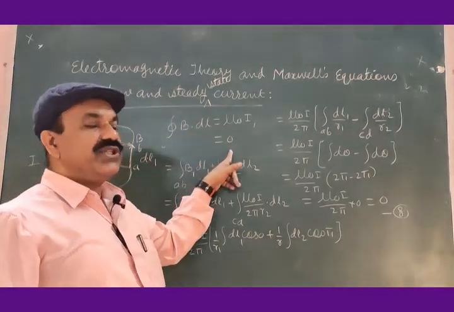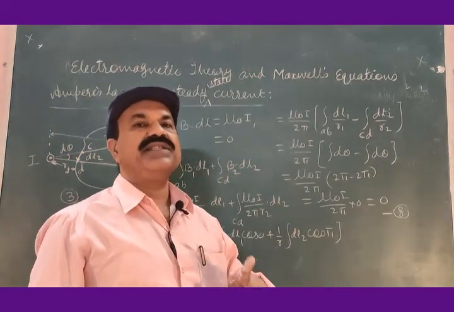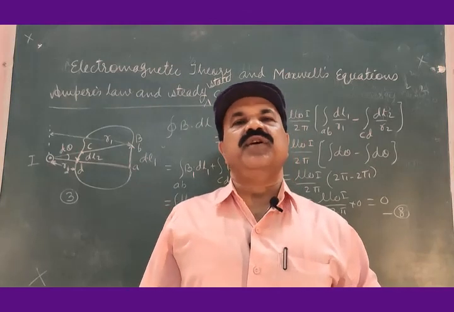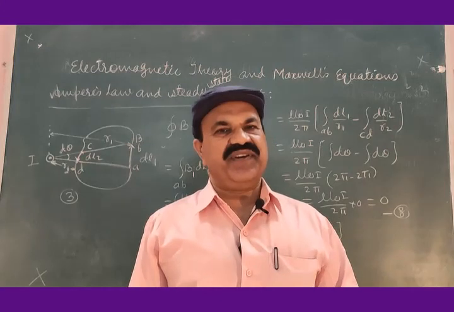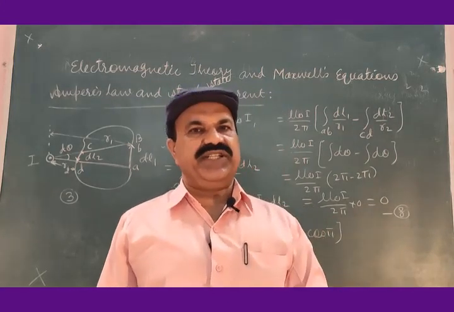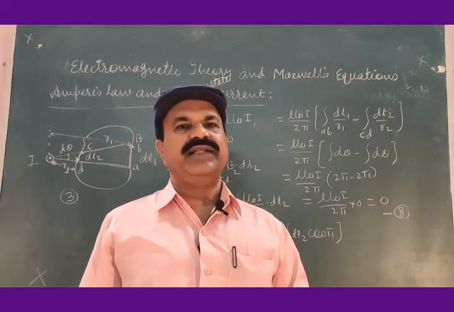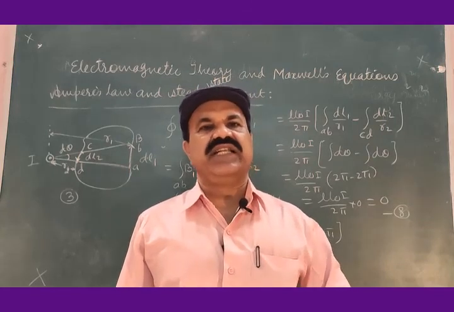That is equal to 0 if the closed path is not enclosing the current I. This is about Ampere's law or Ampere's circuital law. So, in this article we have studied the steady state current and Ampere's law or Ampere's circuital law.